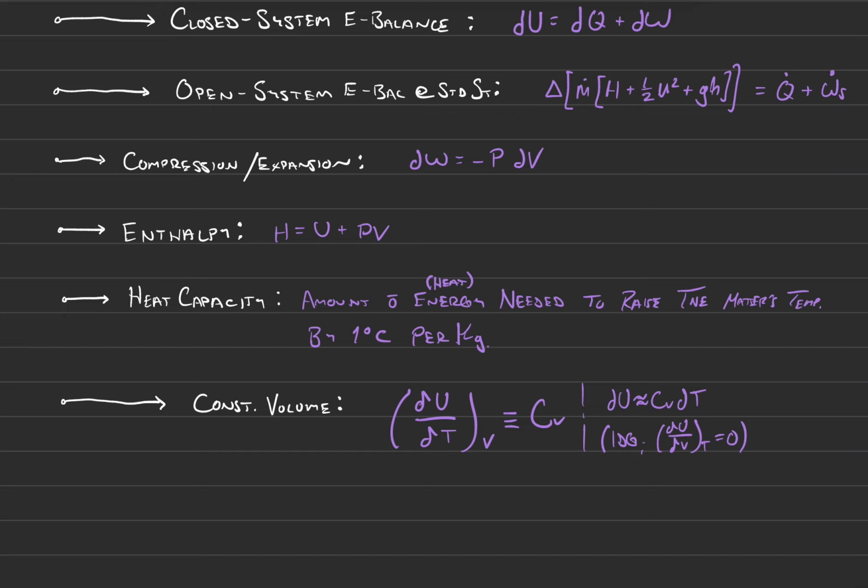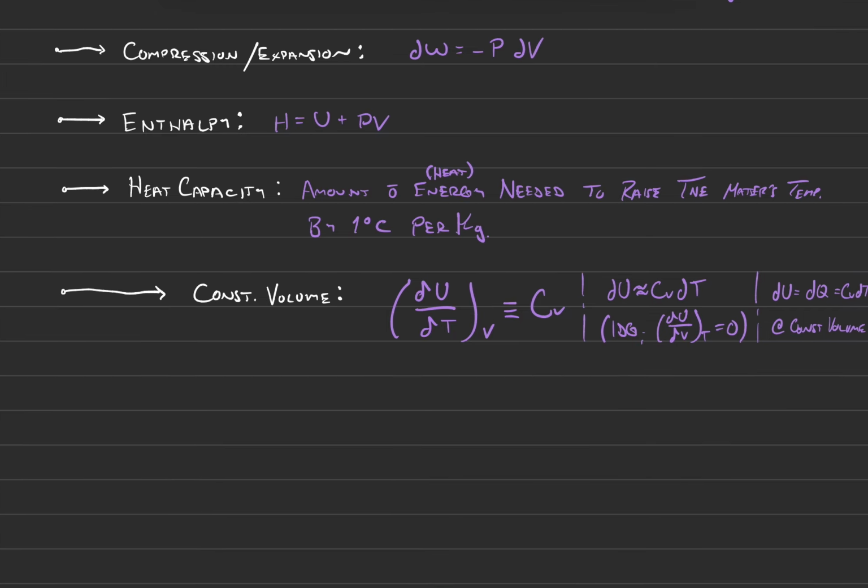So du is approximately equal to CV dT, and at constant volume, you always have this relationship. I shouldn't say always for the dq equals CV dT part, but at constant volume, that's what you end up having, is du is going to be equal to CV dT. Similarly, we had a constant pressure version.